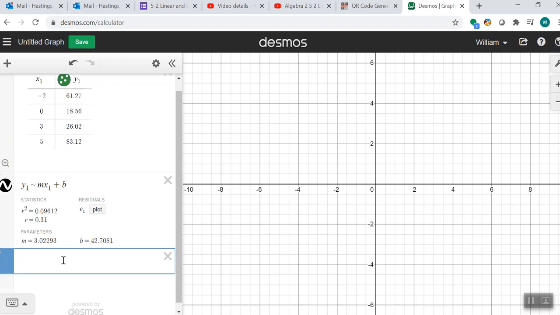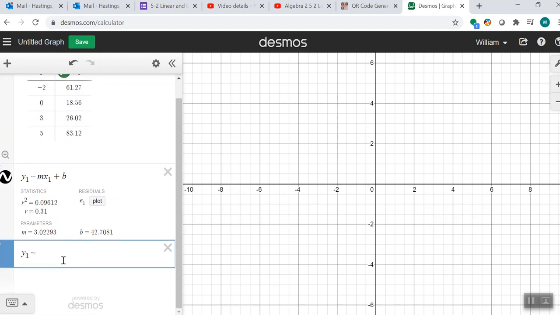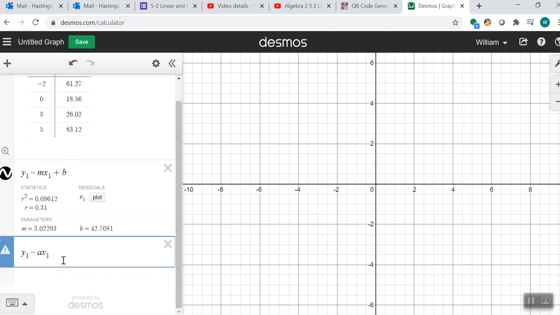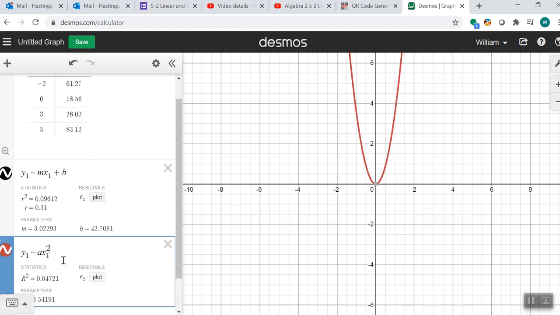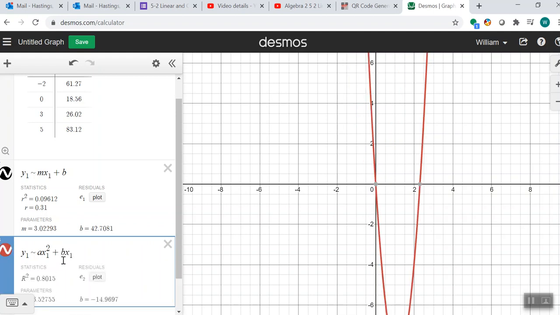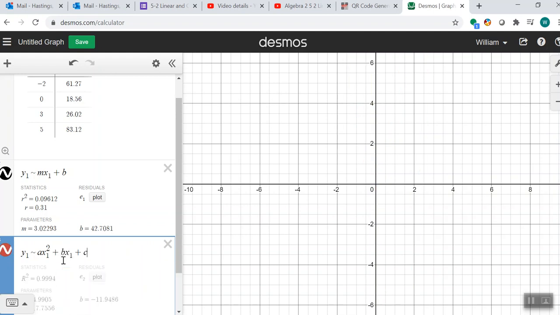So let's go ahead and try a quadratic function. So we'll do y1, shift, the little tilde button, and this is where it's going to be a little tricky for y'all. You have to remember that the standard form of a quadratic is ax1, so we type ax1, and then shift 6, and then we can write squared, ax1 squared, plus bx1 plus c.